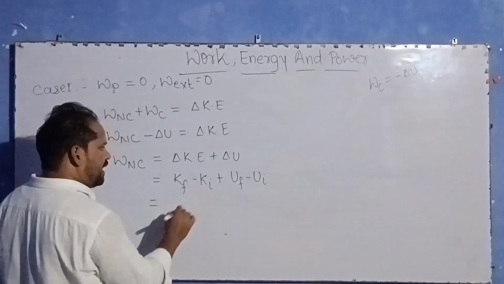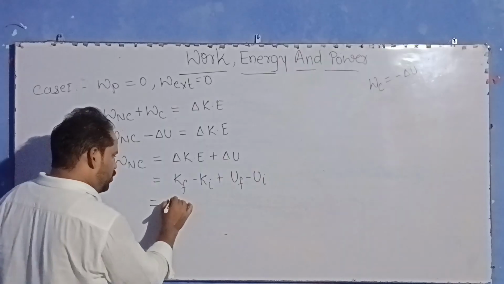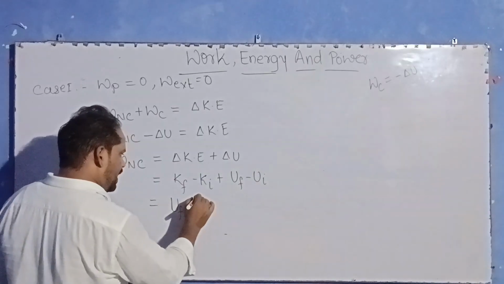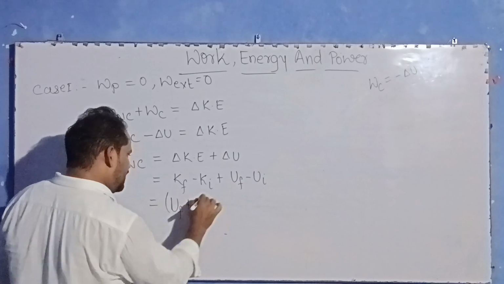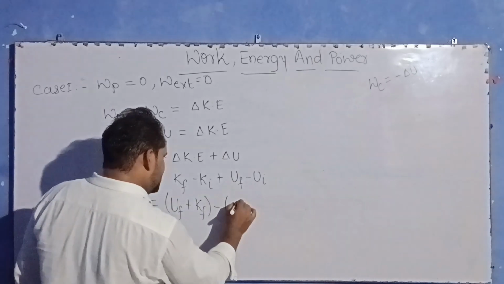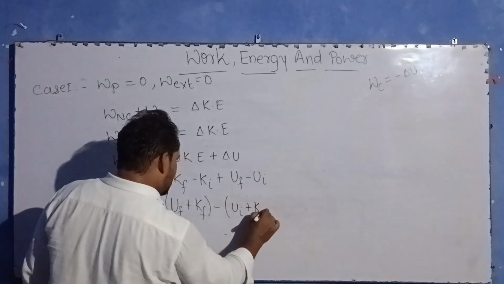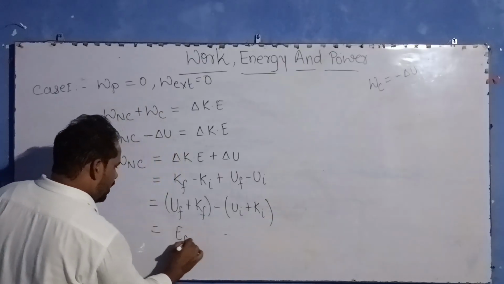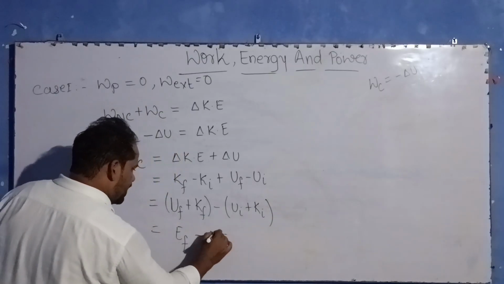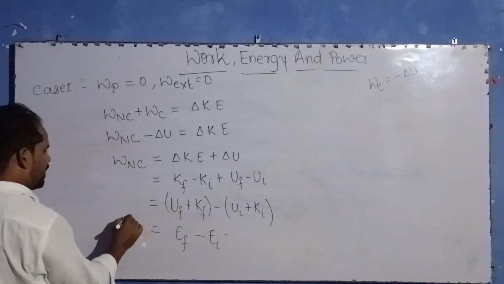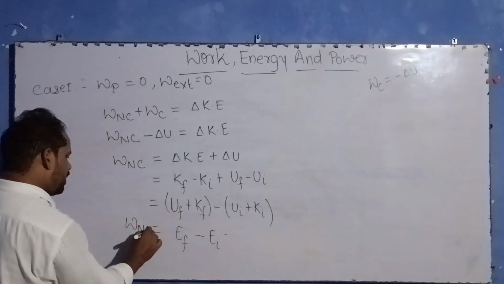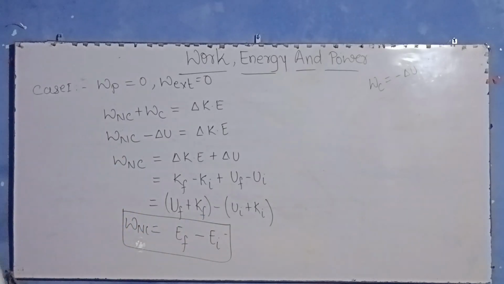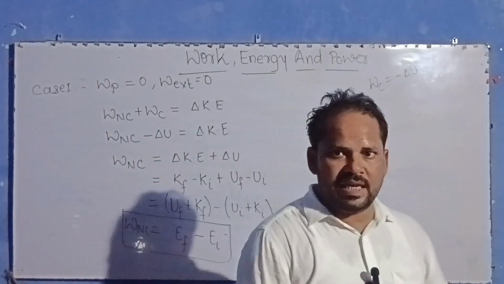This can further be written as K final plus U final minus U initial plus K initial. This is the final total mechanical energy, and this is the initial total energy. So work done by non-conservative is equal to E final minus E initial.